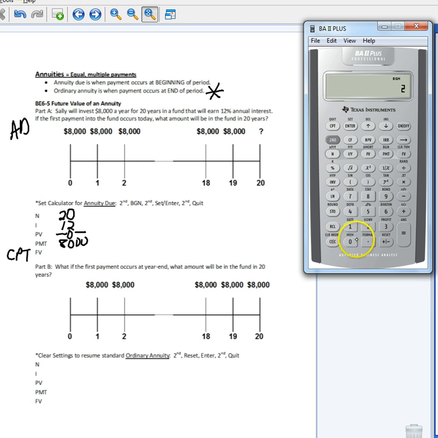So 20 is N, 12 is the interest rate, 0 is present value, 8,000 is my payment, and compute future value.